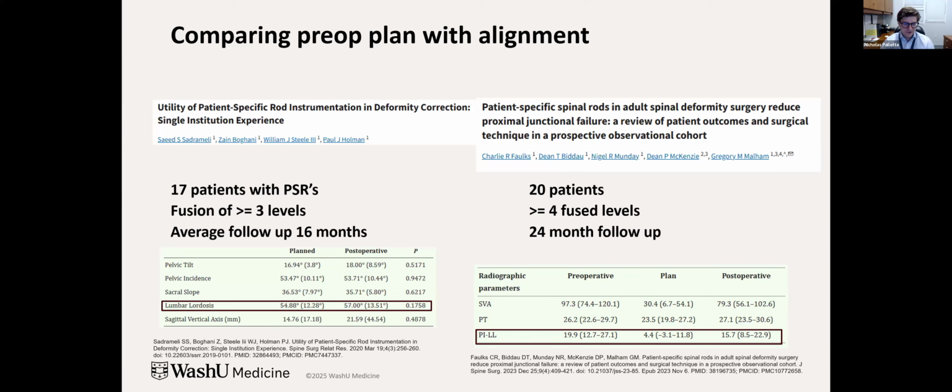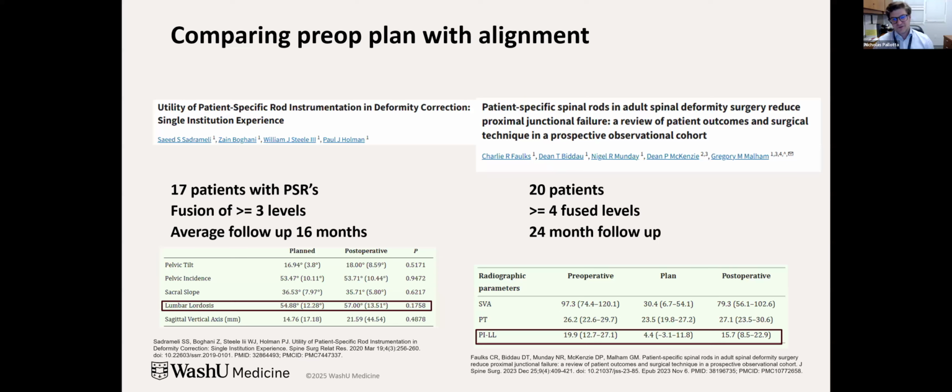If you look at the lumbar lordosis, they were able to get within a couple of degrees, which is probably within our measurement error, which is fairly good. However, an average of 16-month follow-up doesn't tell us exactly how the alignment is maintained. And I think that's where the discrepancy is between the two studies.